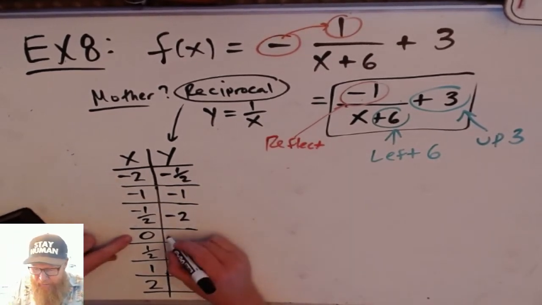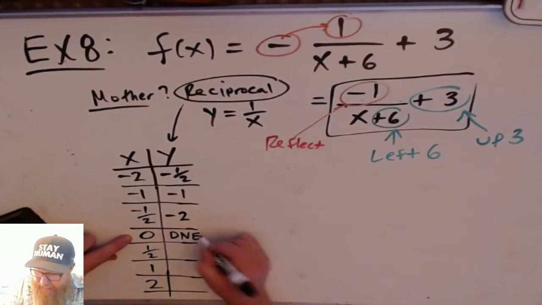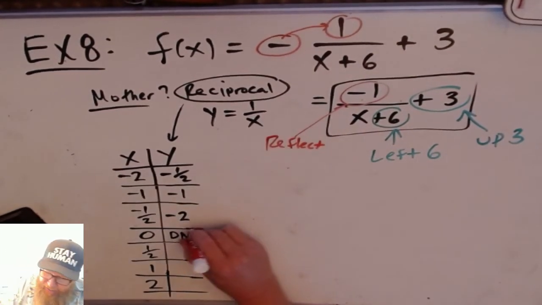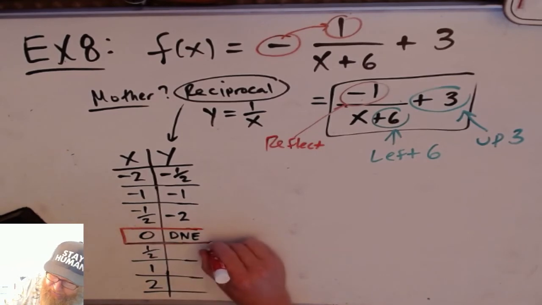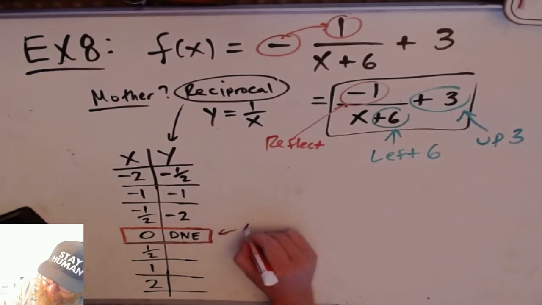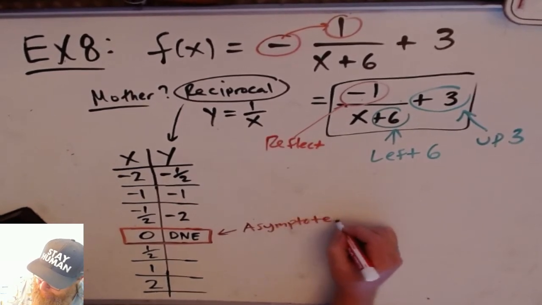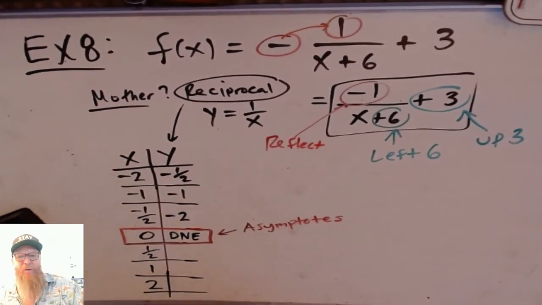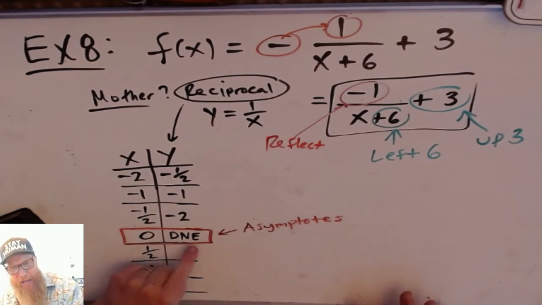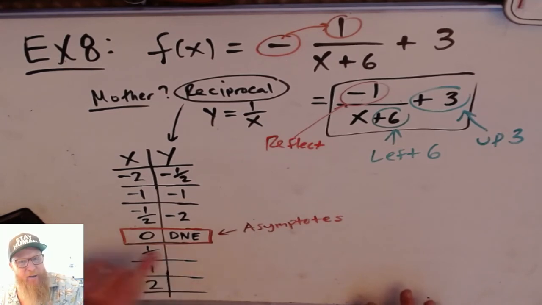The reciprocal of 0 does not exist. That is an asymptote. It's actually 2 asymptotes. And I'll tell you how to get to them in a minute. I'm going to leave DNE there to remind me that's what the dotted line means. Dotted line, DNE. It does not exist. That's why it's a dotted line.